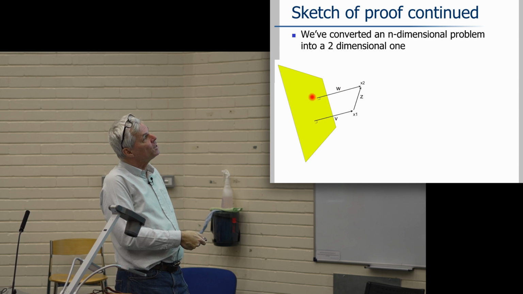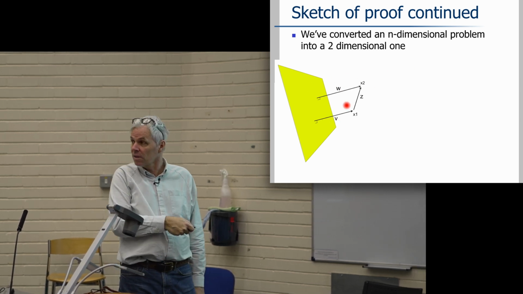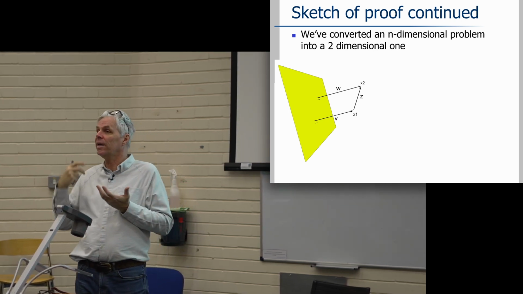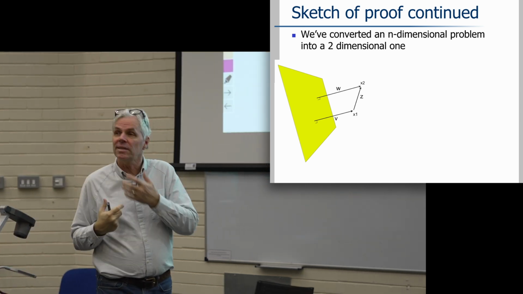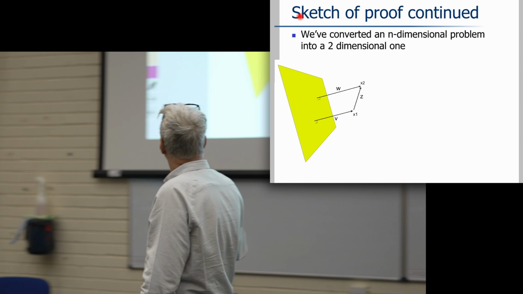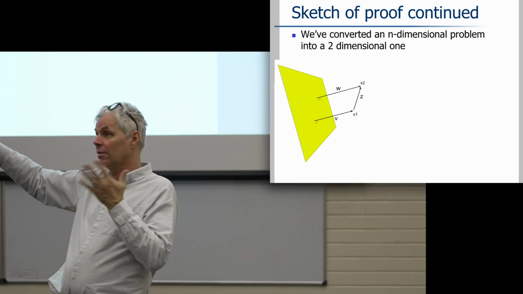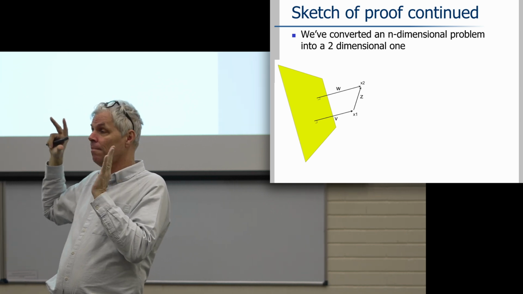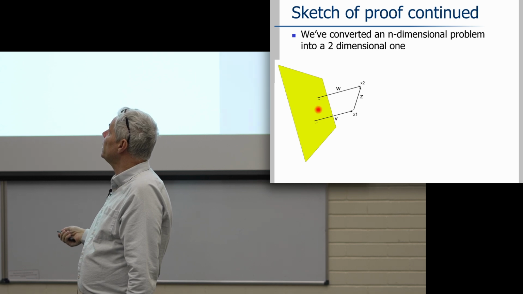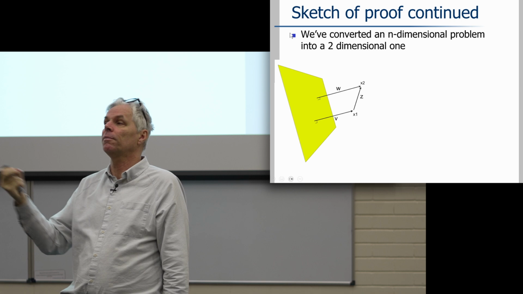And so I just need to show that v is smaller than w. The length of this vector is smaller than the length of that vector. And the cool thing, and why I show you this, is that we have this n-dimensional thing. We're doing this in 8 dimensions. I draw this as a plane just because I can, but in fact it might be a 7-dimensional object. It could be a mess, right? But by putting it in this form, we've turned it into a 2-dimensional problem where all your normal trigonometry works.